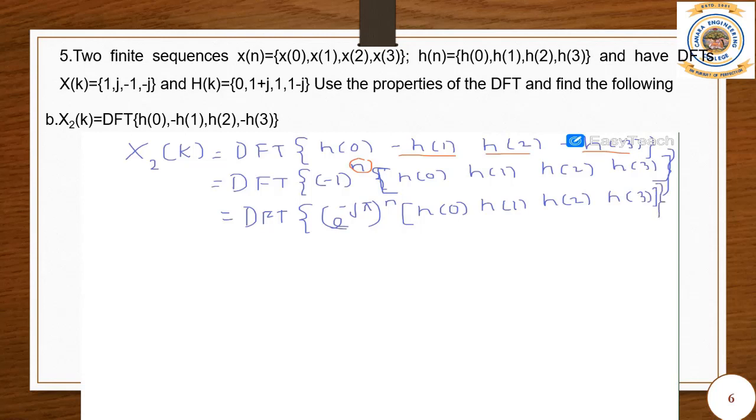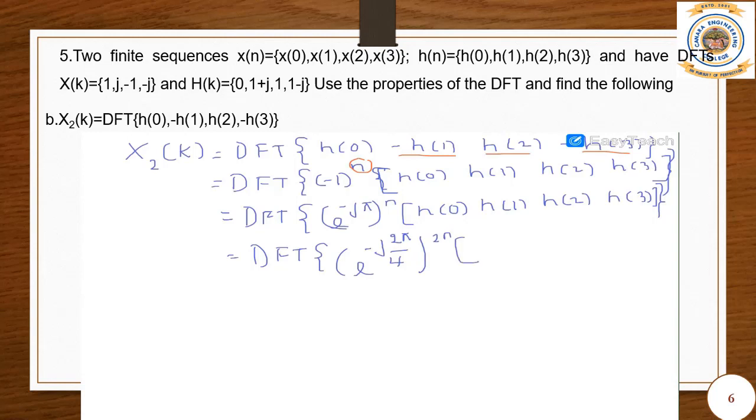Now, since it is a 4-point DFT, let me make small changes here. I want in the denominator 4, and in the numerator 2 pi, so that W value I can fit here, then I need to multiply by 2n.